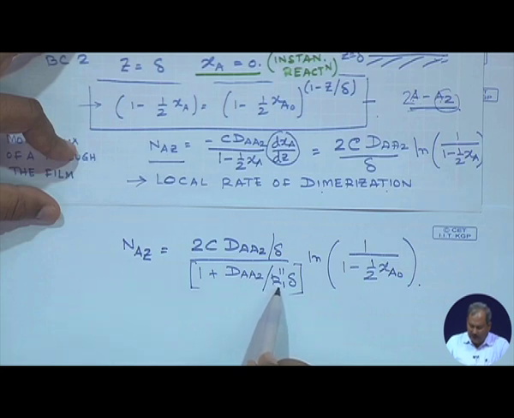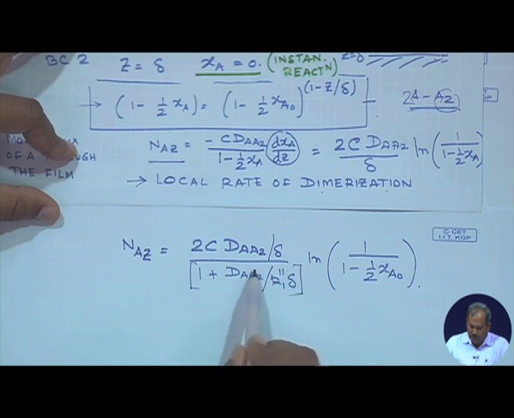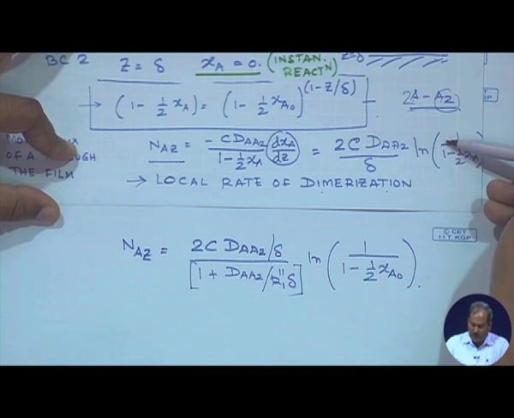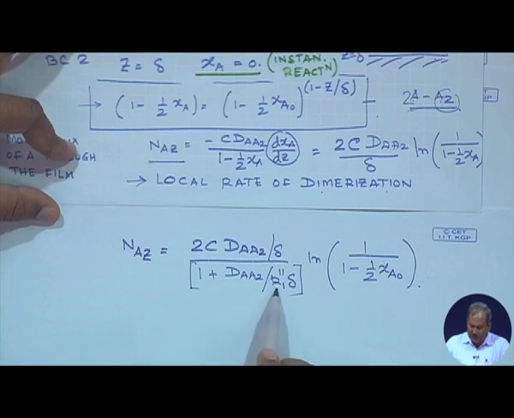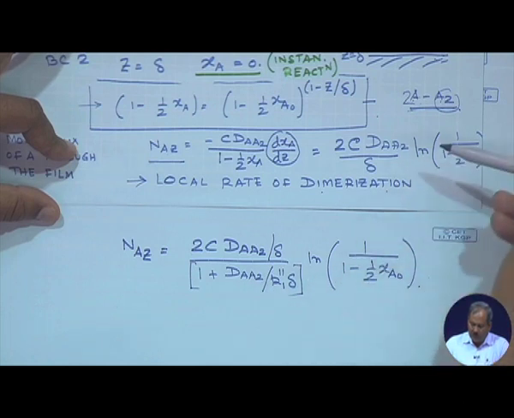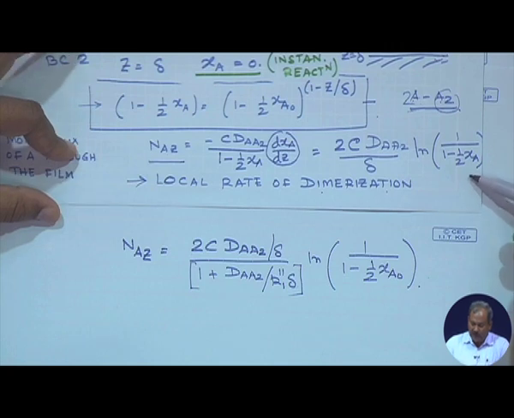Had this been an infinite reaction rate, signifying that it is an instantaneous reaction, then this whole term would be 0 and this expression would revert to whatever expression we have obtained for the case of very fast reaction. So, it is always better to see that in the limiting case, when the value of K1 is very large, whether or not this expression becomes identical with the expression which we have derived based on an infinite or very large reaction rate, instantaneous reaction.